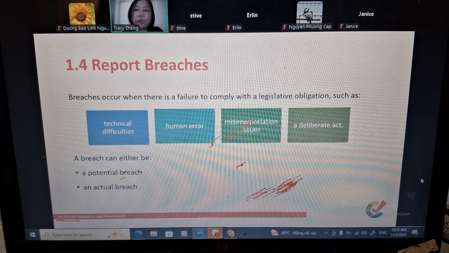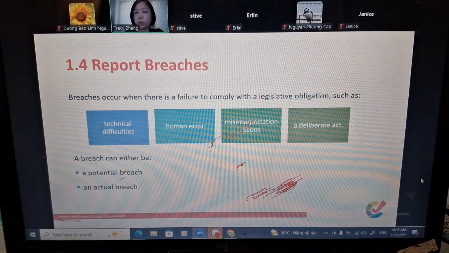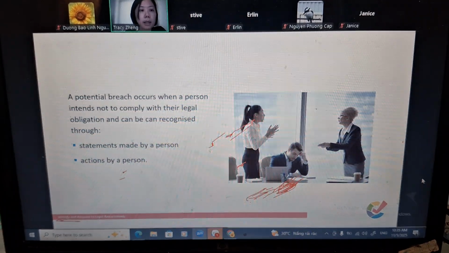And here is showing you the breach. A breach can either be a potential breach or an actual breach, right? So we're going to show you a bit more about what a potential and an actual breach are.